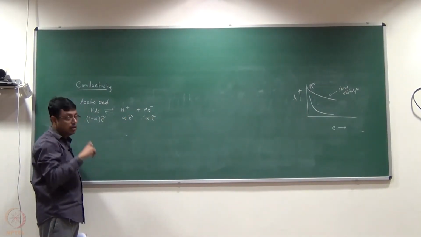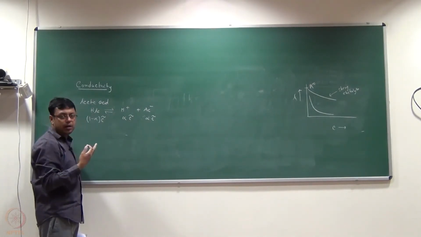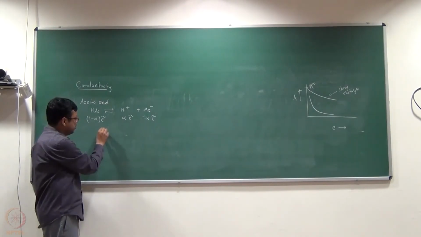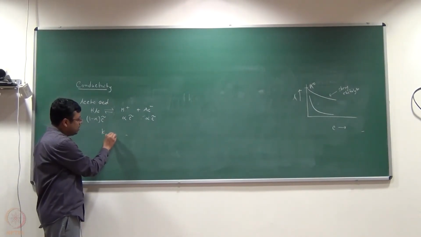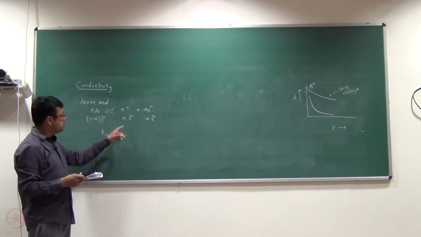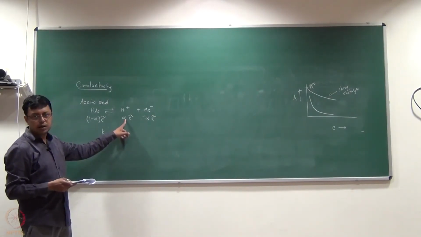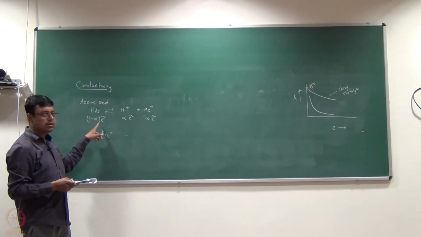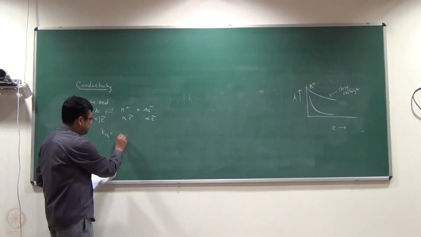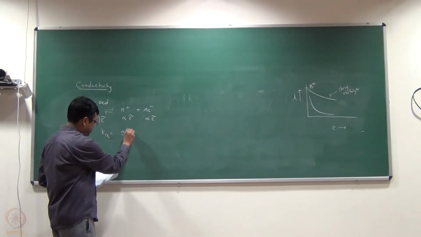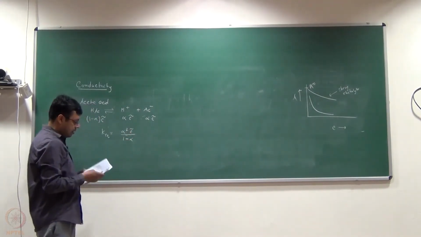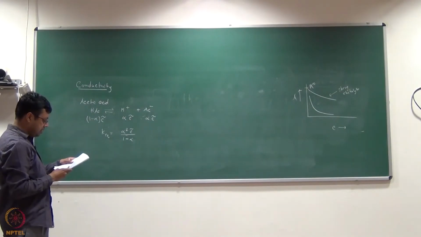Clear? For any fixed temperature, of course, there will be an equilibrium, and the equilibrium constant we can write in terms of the degree of dissociation. You can easily see it is alpha squared C squared divided by 1 minus alpha into C, and one C will get cancelled. So I will get alpha squared C divided by 1 minus alpha. Now, there is an empirical relation.